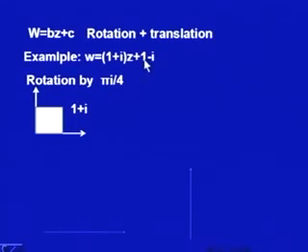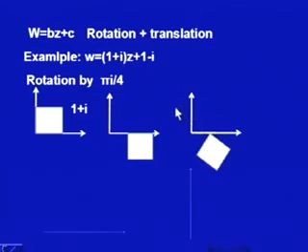Then since I have to rotate, the point will be translated by a distance 1 minus i. So under this translation, this rectangle will move to this rectangle, and because of this term it will be translated and this will rotate an angle of pi by 4. So this will finally be moved to this position under this transformation.